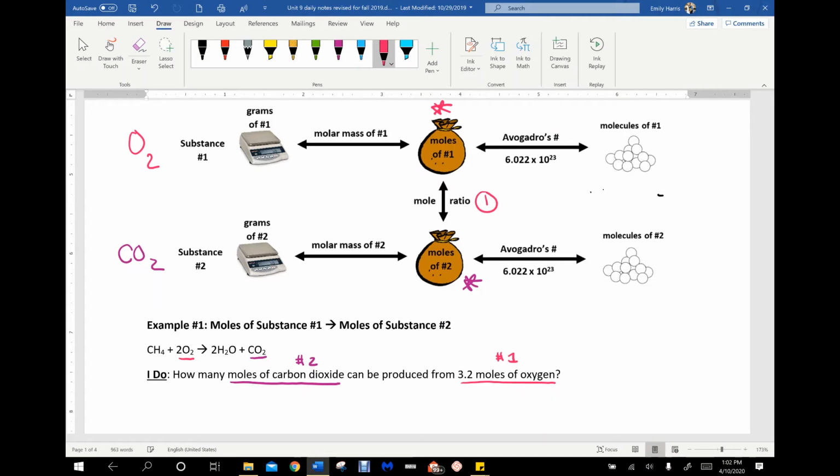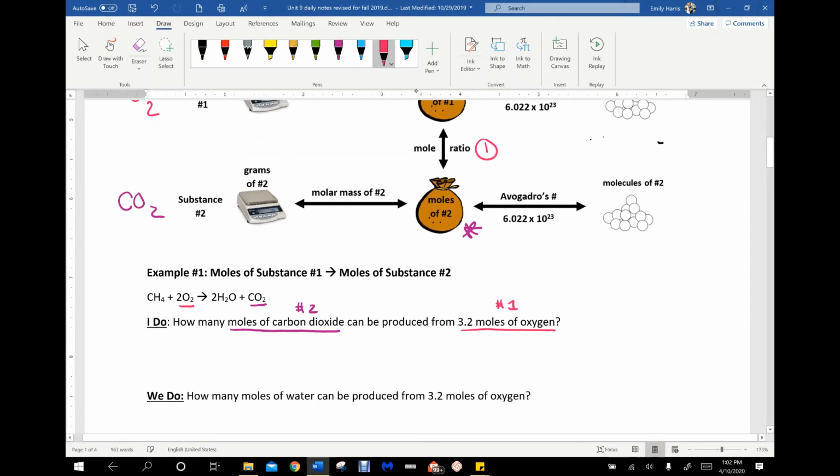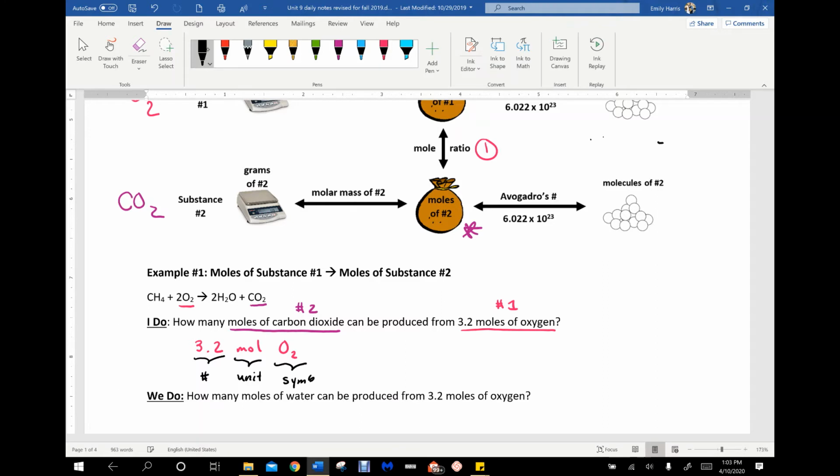To start our setup, we write what we're given, 3.2 moles of oxygen. Remember, in your format it's important to include a number, a unit, and then your chemical symbol.